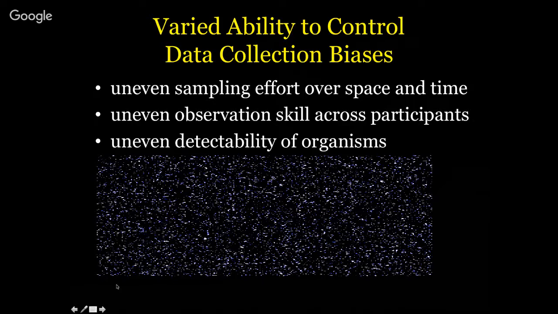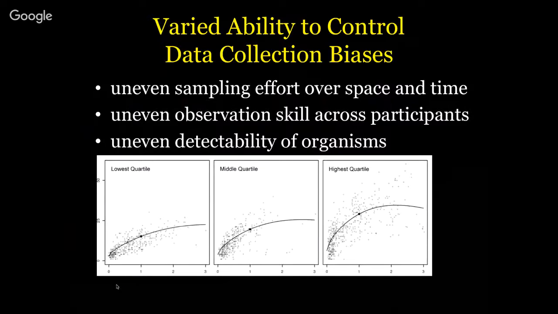The other thing is there are uneven skills in which participants can detect and then classify species. And this is a series of graphs out of a paper we submitted last year, which shows that we use the concept of species accumulation curves, a very long and tried and true methodology in ecology to understand the biodiversity of a location.